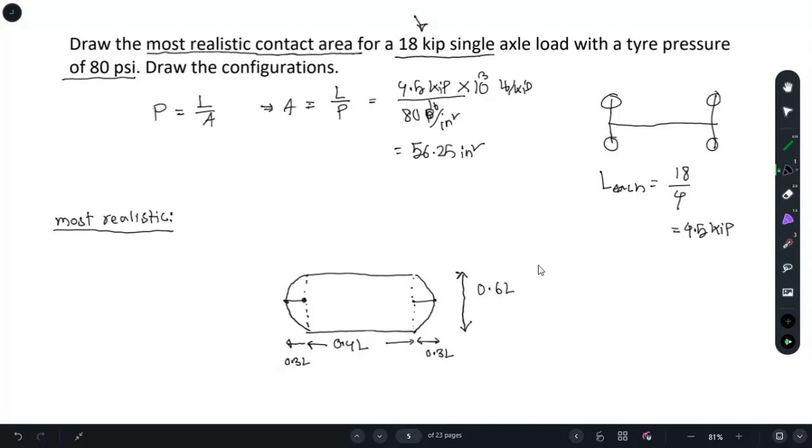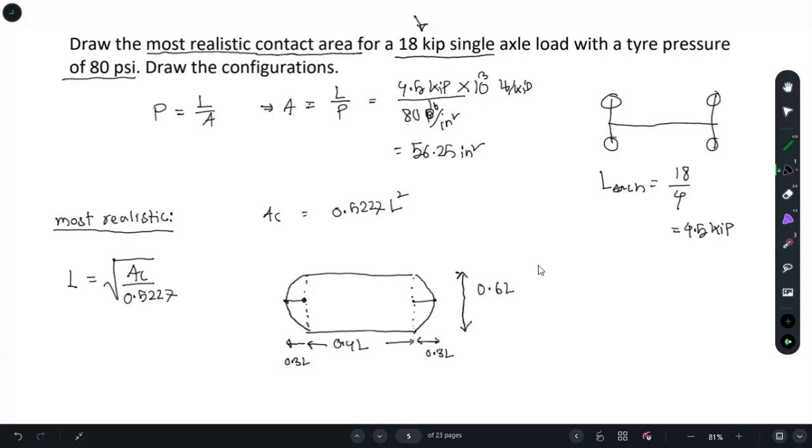For this realistic shape, we have a formula for length measurement, that is length will be equal to root over AC over 0.5227. I mean, if you consider this shape and you find out the formula for area, you will find out like this: AC is equal to 0.5227 L square.